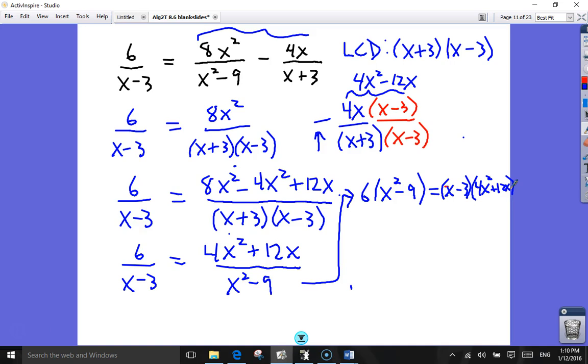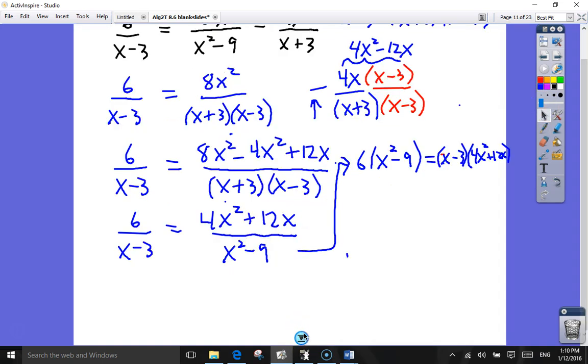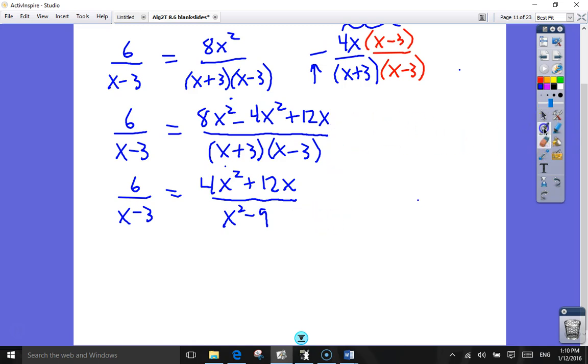Okay. See if there's some way to get more space out of this. I'll tell you what I'll do, I'm going to move it down. So this will be 6 times x squared minus 9 equals x minus 3 times 4x squared plus 12x.